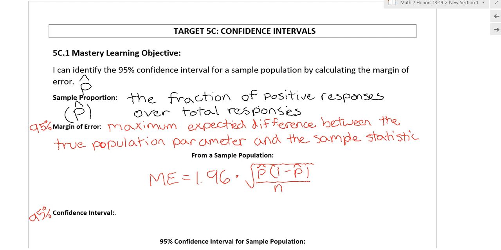Okay. Where p hat, again, is your sample proportion. And n, it's like any of these places. N equals your sample size.